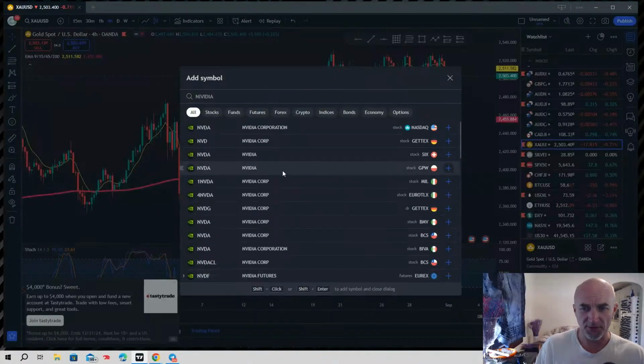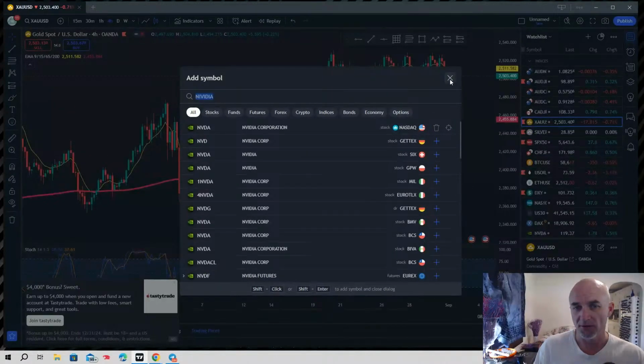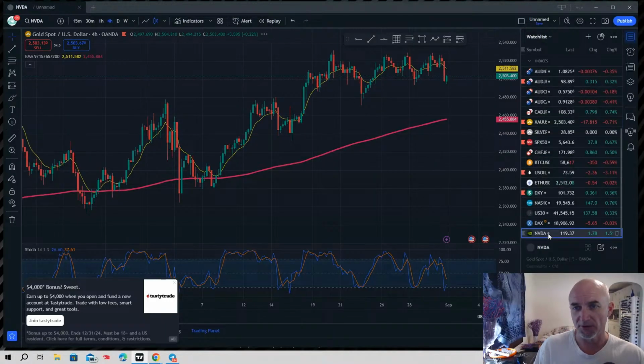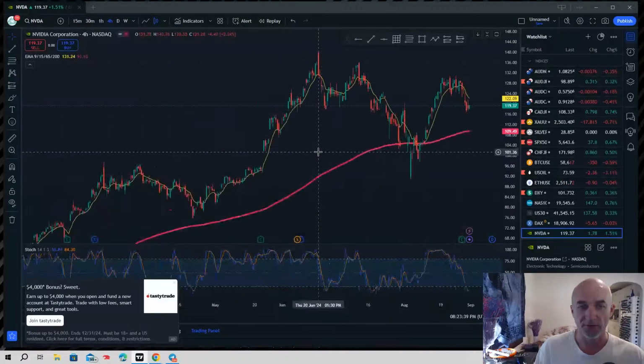Different options for different people in different places in the world anyway. So we'll hit add button. Then we can go down here and it will open up that chart. And you can see what's going on with the NVIDIA Corporation.